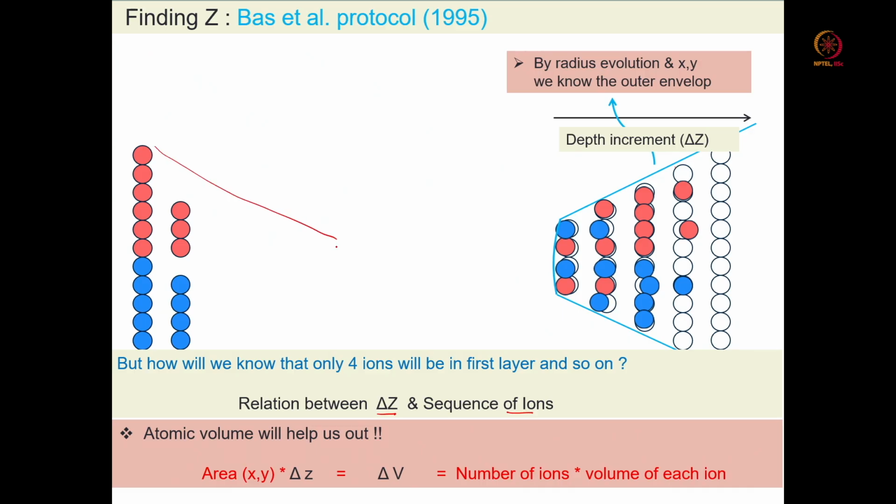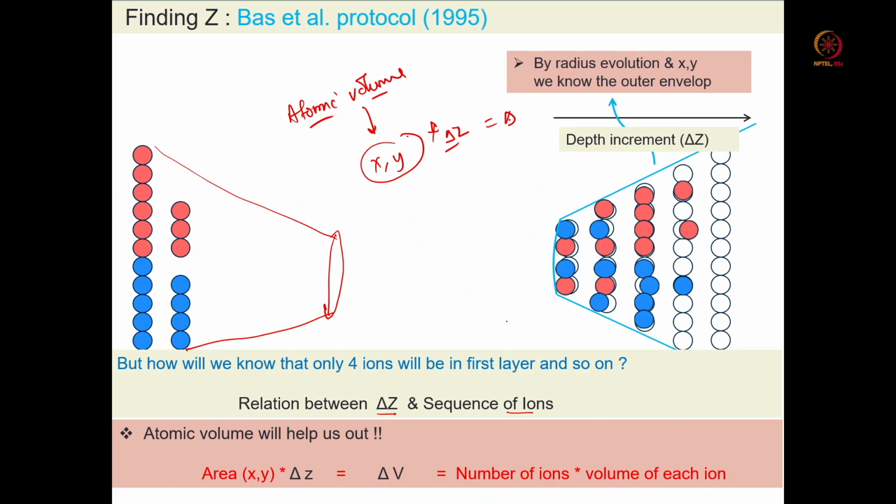You have a needle specimen, and this is an area related to X and Y. By determining the atomic volume, we can relate the area in XY and the delta Z, which equals delta V. It is nothing but the number of ions times the volume of each ion.